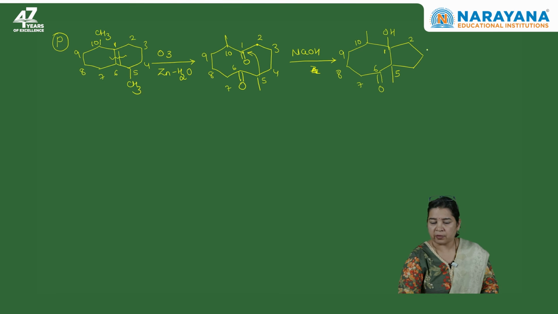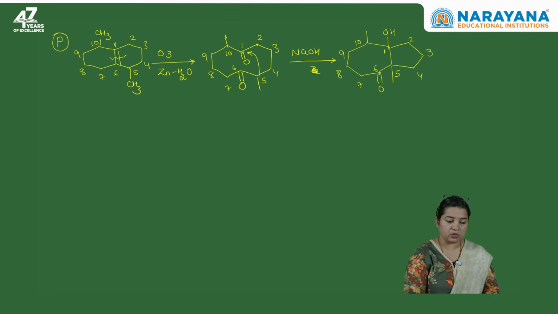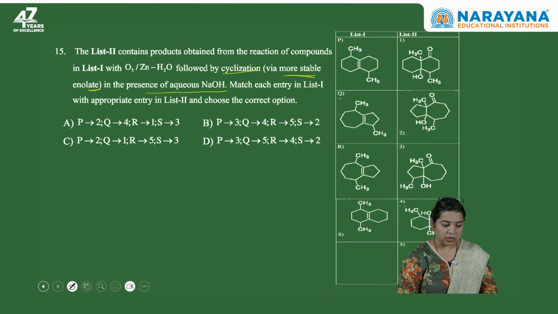Let us complete the numbering here also: 1, 2, 3, 4, and this is 5. So looking at this structure, the 7-member ring has a carbonyl and methyl, with no substitution in the 5-member ring. Let us go back and check which structure is suiting this. See, 7-member ring, methyl, carbonyl, no substitution in the 5-member ring.